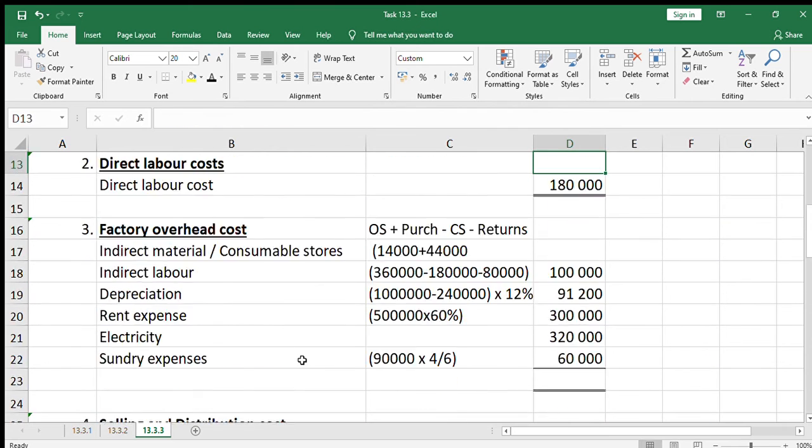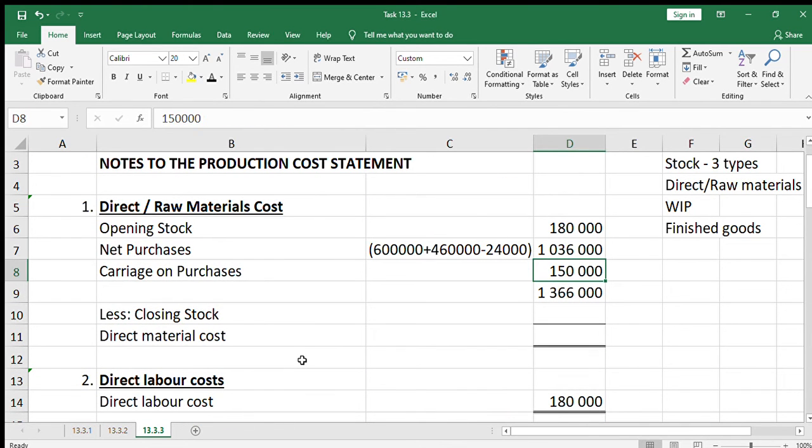So go to note 1, which is the note for direct materials or raw materials. We do have this place for closing stock. We're going to put the amount in brackets, 64,000. Okay, and once you've got that, you can work out our answers. We're going to say 1,366,000 minus 64,000.